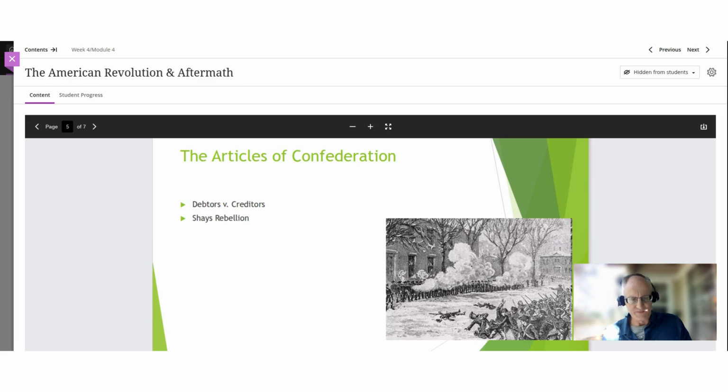In fact, states without Western claims refused to ratify the Articles of Confederation until Western claims had been turned over and fallen under the jurisdiction of the Congress itself. States like Maryland, for example. To enact any new legislative proposals, 9 of the 13 states had to agree. And they could not levy taxes or regulate trade between the states.